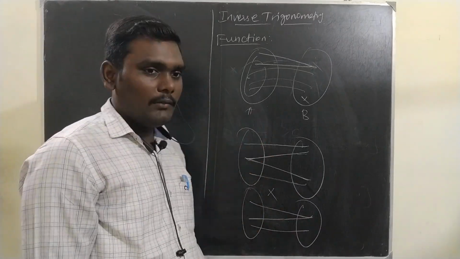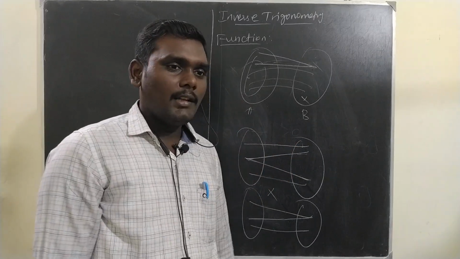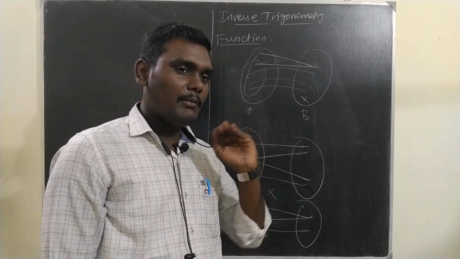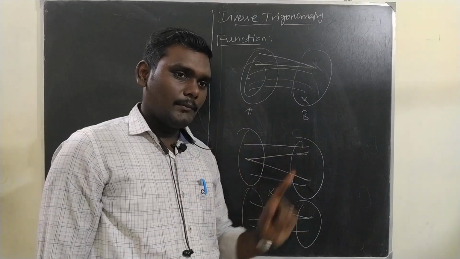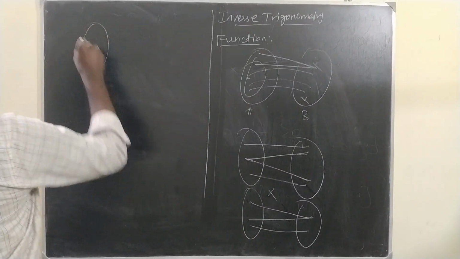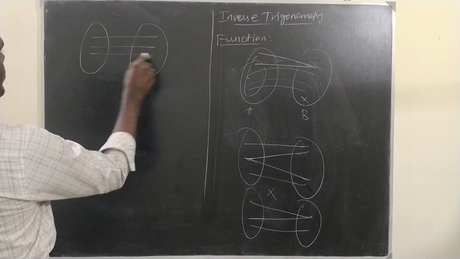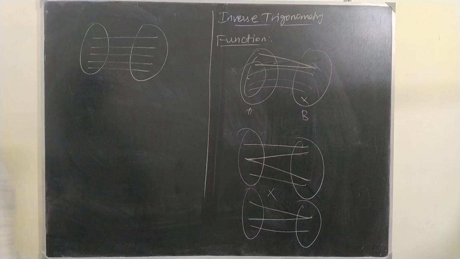So we have several types of function. Two major types only we will discuss: injective and surjective functions. Injective means what? That is a one-to-one function. One-to-one means all the elements should be mapped with a unique, distinct element.